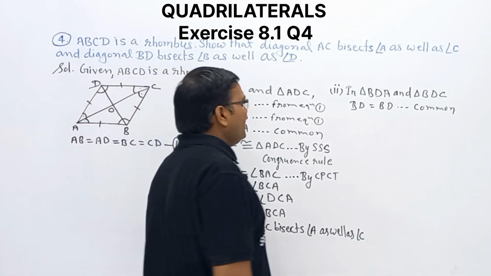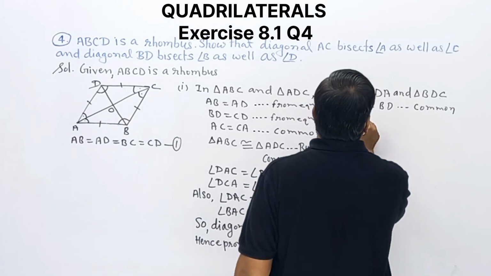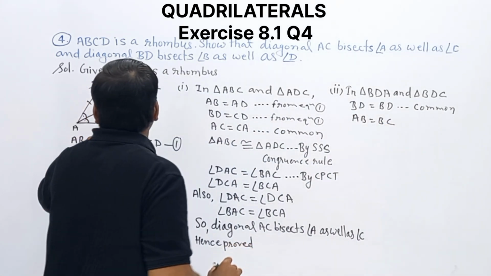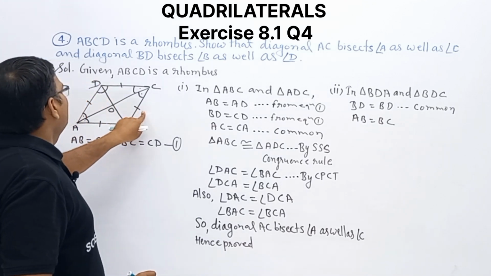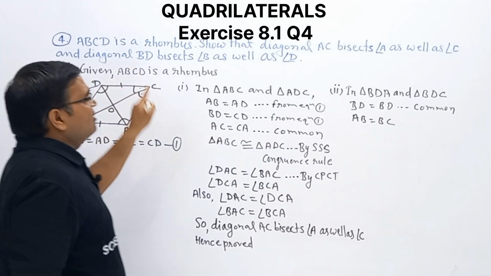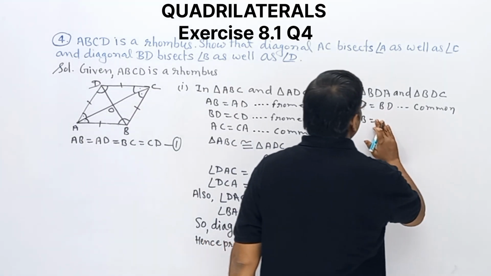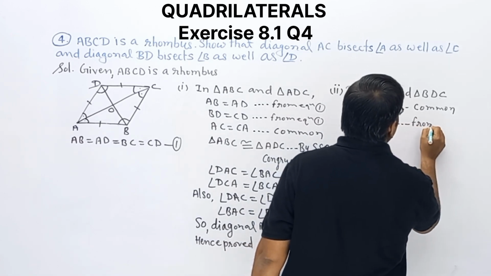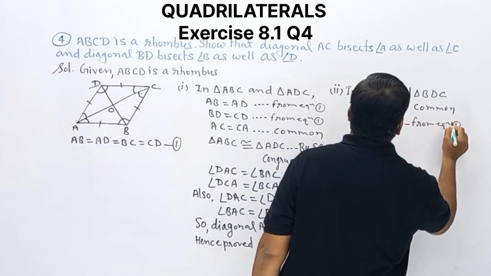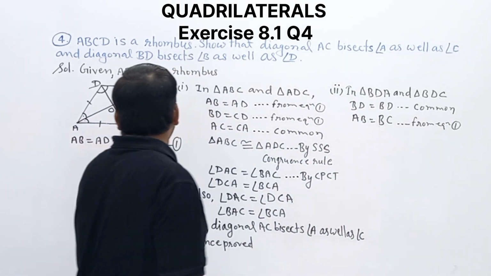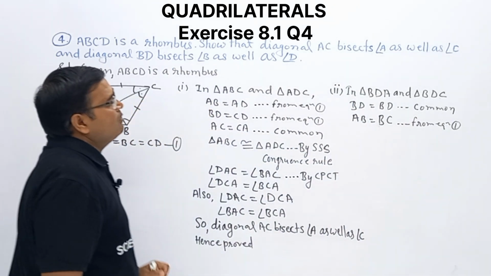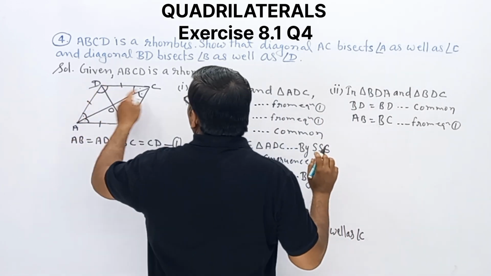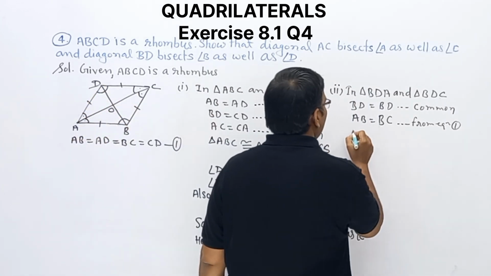So AB of this triangle will be equal to BC of this triangle, from equation 1. In equation 1, we can say all sides of a rhombus will be equal. And another thing, AD equal to CD.